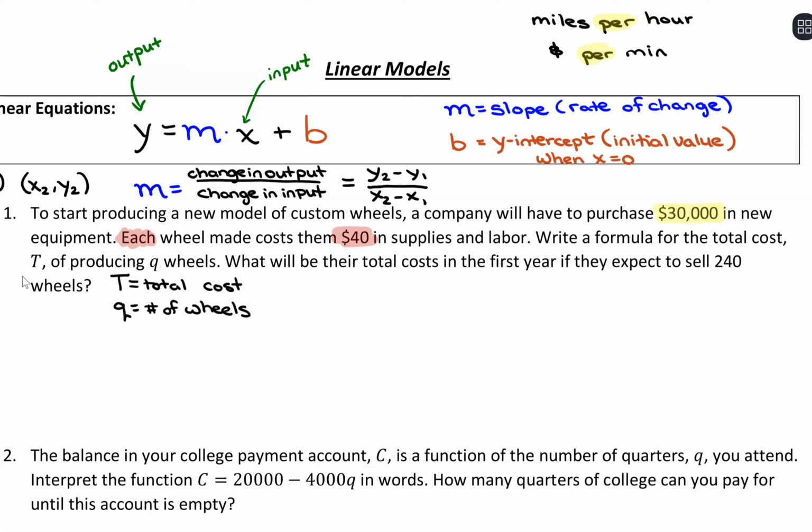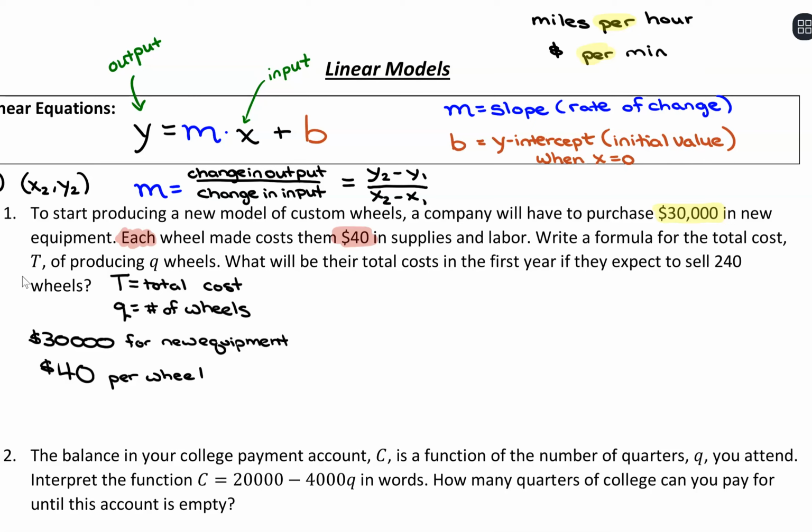We have this $30,000 cost for the new equipment, so I'm just going to write down $30,000 for the new equipment. And then there's this cost in supplies and labor, and it's $40 per wheel, or for each wheel, there's a cost.